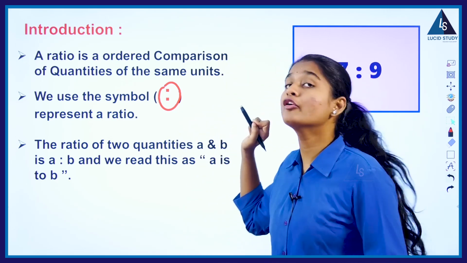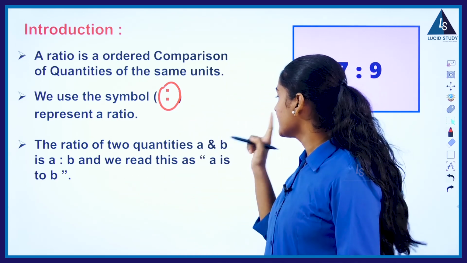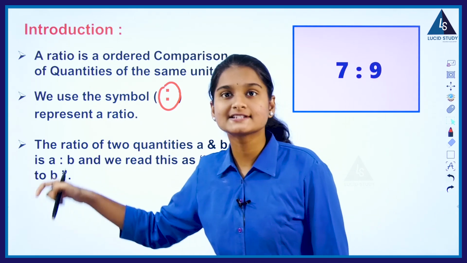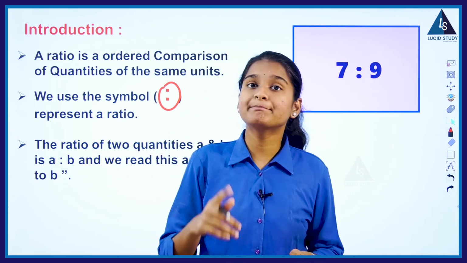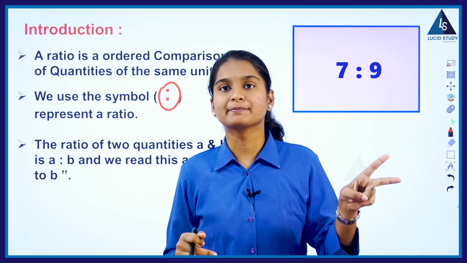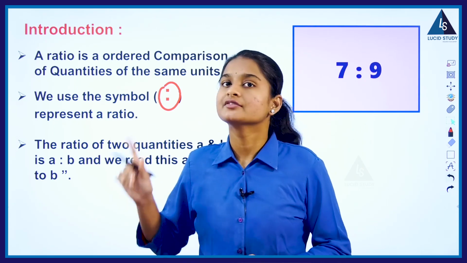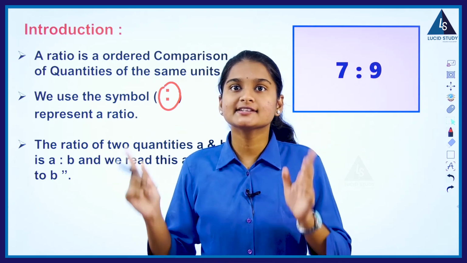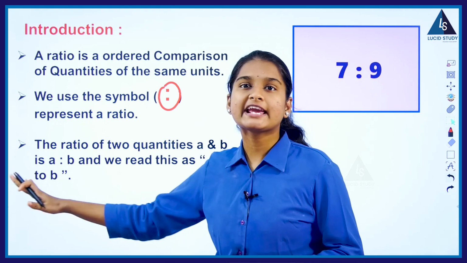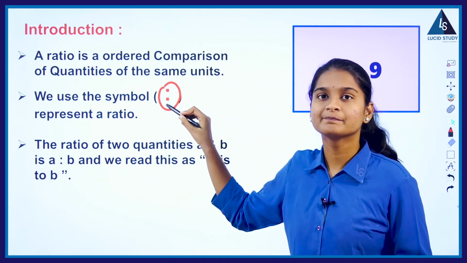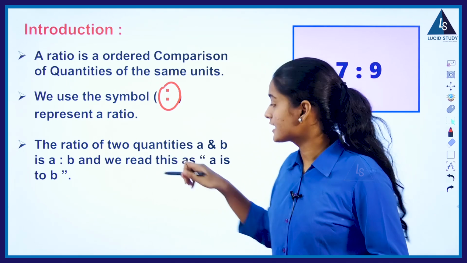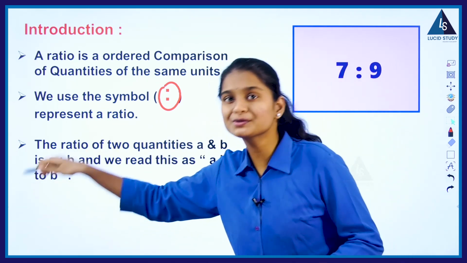The ratio of two quantities A and B is A:B. So suppose when we compare two quantities A and B by ratio, we read it as A:B. Between A and B, we use the ratio symbol and we read it as A:B.